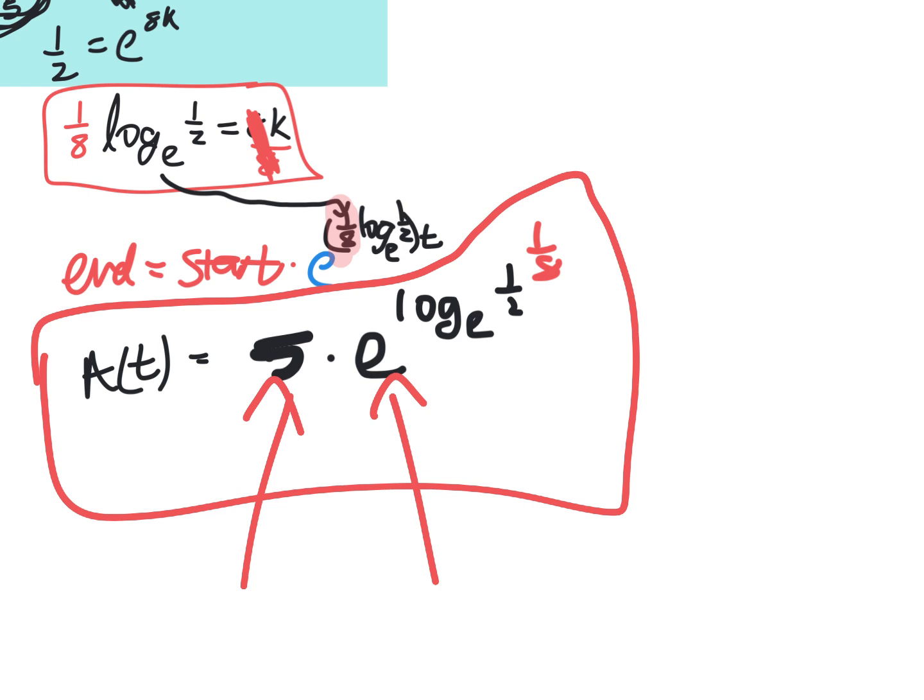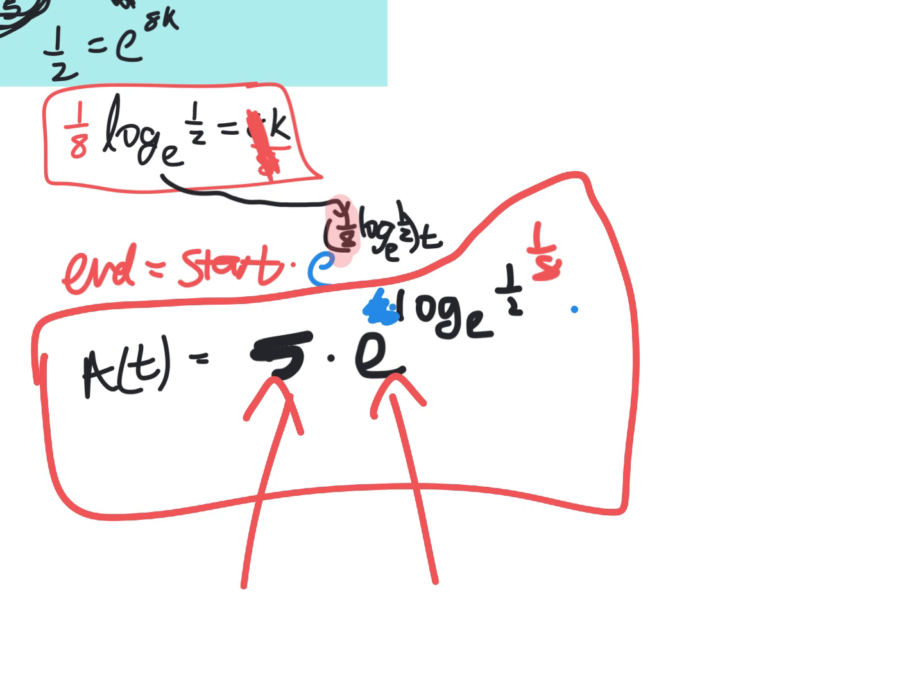I don't have it there yet. I can't put it at the front. I should put it at the end, because then it would be raised to the 1/8 t.